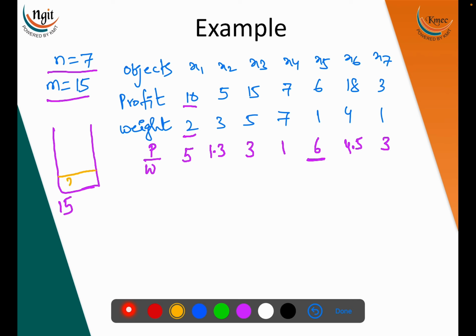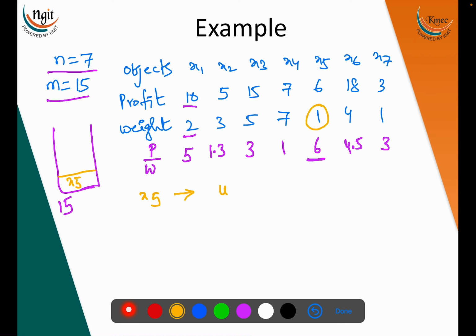Now place X5 inside of the bag. As far as the algorithm is concerned, for every item placed you have to deduct its weight from the bag capacity, right? I have placed the X5 item in the bag. Now X5 weight is 1.